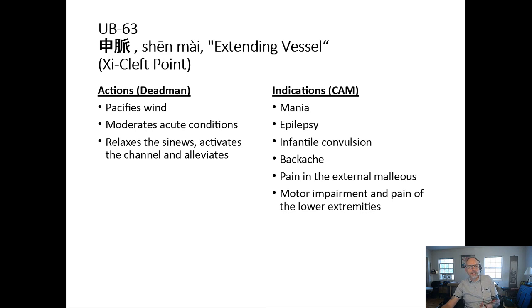The yin xi cleft points have an added function, and that is they also moderate acute conditions, but they also do something around blood, either stop bleeding, anything like that. So the yin have an added function of blood. Relaxes the sinews, activates channel, alleviates pain. Again, this is another go-to point for epilepsy.